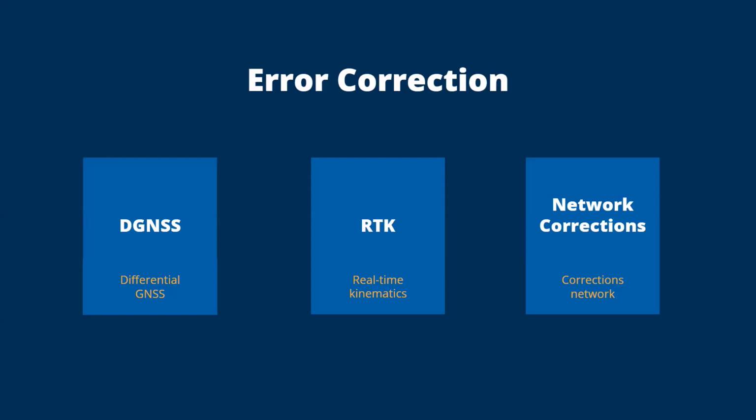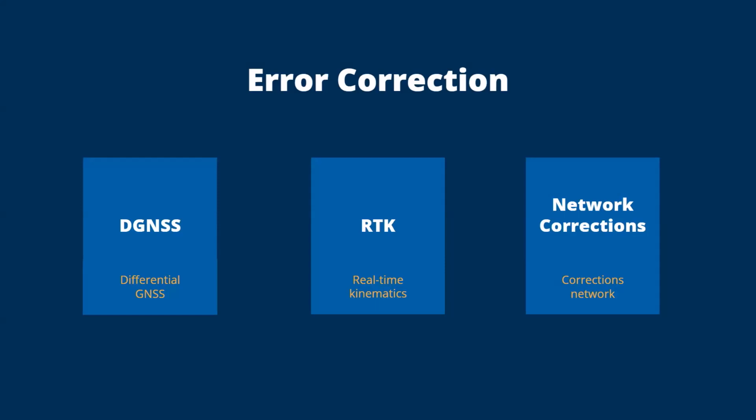When we talk about the basics of error correction, there are really 3 main methods. In reality, there's only really one main method of error correction, but it's applied 3 different ways. The simplest one to explain is DGNSS, differential GNSS, where we're taking the difference between the error we measure and a known location, and applying that offset to all of the rover units connecting to that base station out in the field.